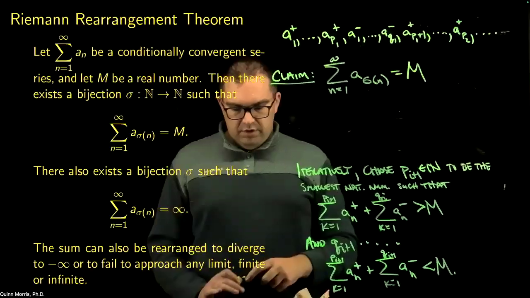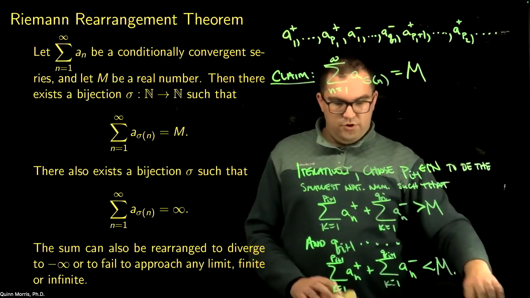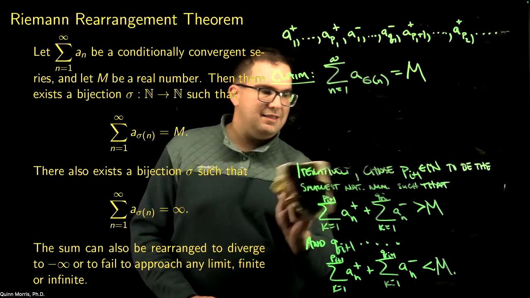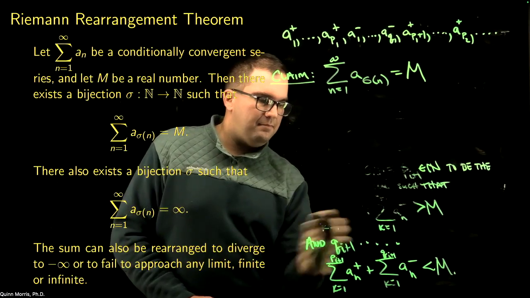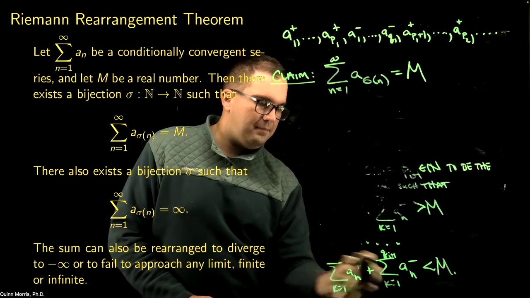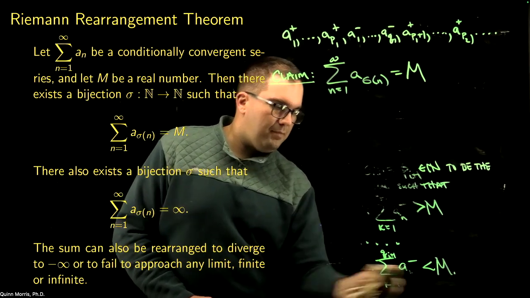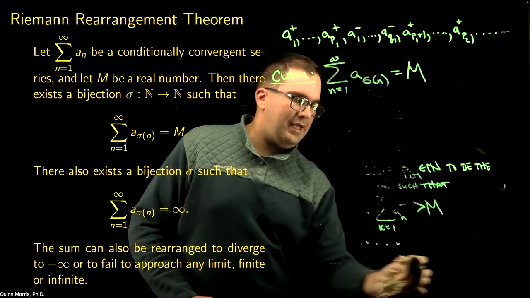Okay. Now, I'm not going to write out the proof here to show exactly that it converges to M, but fundamentally the idea is that each time I'm getting just above or just below M, right?